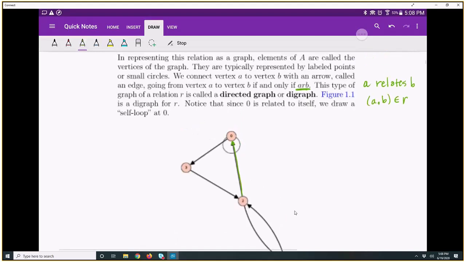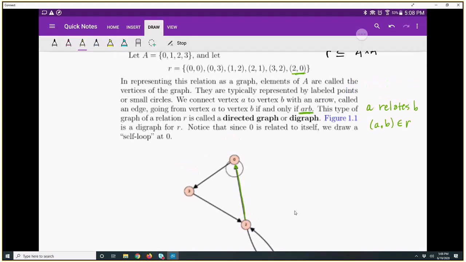And the ordered pair (0, 3) shows up here in our graph. It's the edge initiating at 0 and terminating at 3. When we have an ordered pair like (0, 0), that's going to be this loop at 0. So 0 is related to itself by this loop.